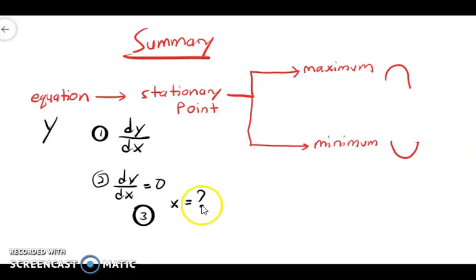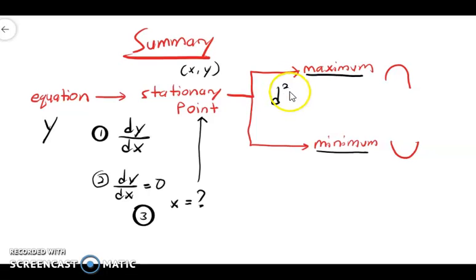This is what determines the stationary point, your x and y. The second one is to find the maximum and also the minimum point. We have to depend on a second differentiation of this equation, where the value of the second differentiation for maximum will be a negative value and for minimum a positive value.